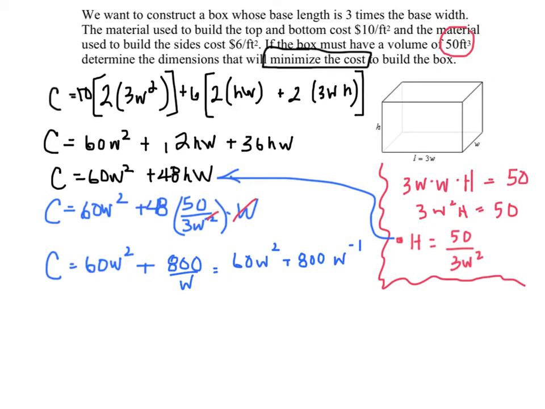Now let's do C prime, or if you want to think about it like I do, Leibniz, dC/dW equals 120W minus 800W to the negative second. Let's put it back to not have a negative exponent. And we want this equal to 0.